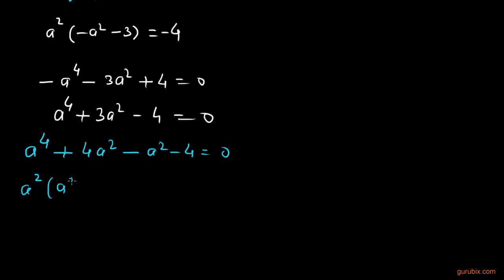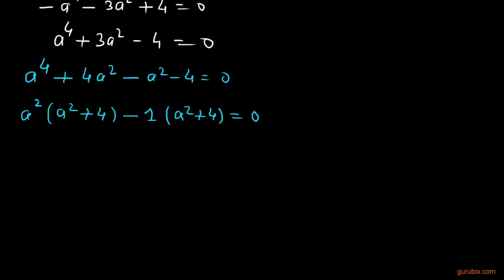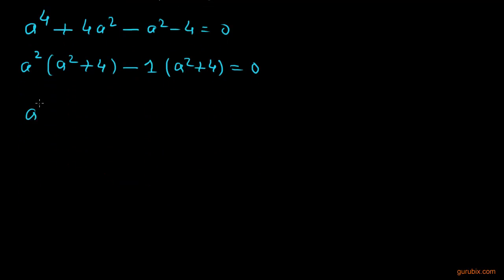We have a square plus 4 minus 1 from here, then we have a square plus 4 equals 0. Then it is a square minus 1, and here is a square plus 4 equals 0.